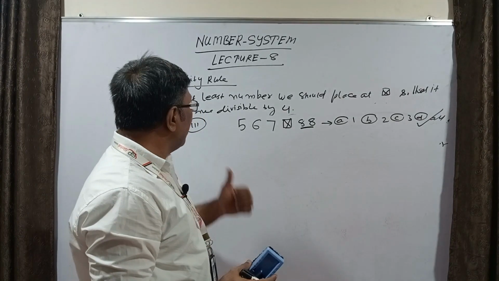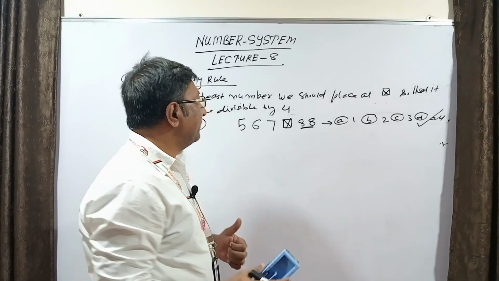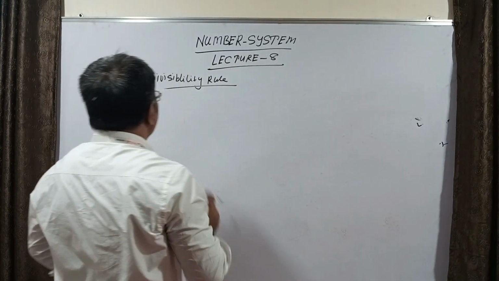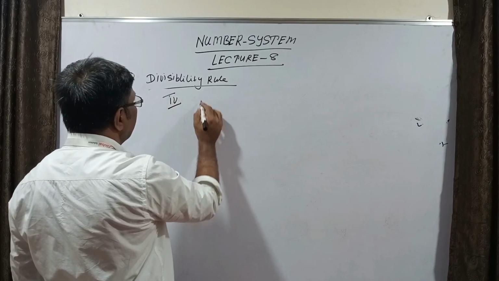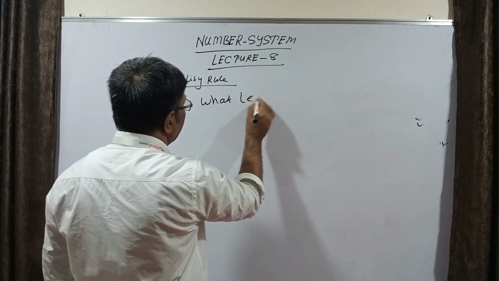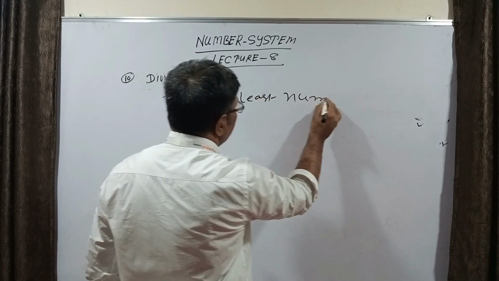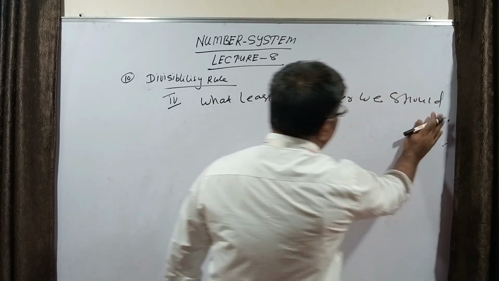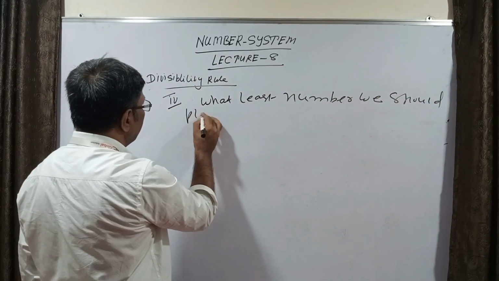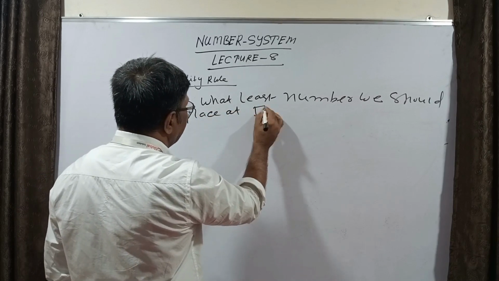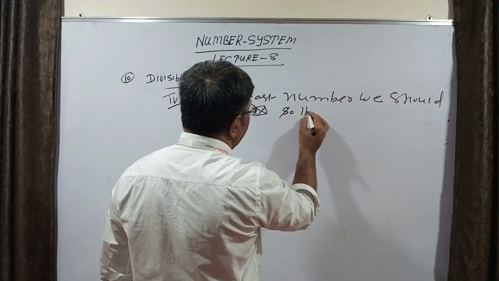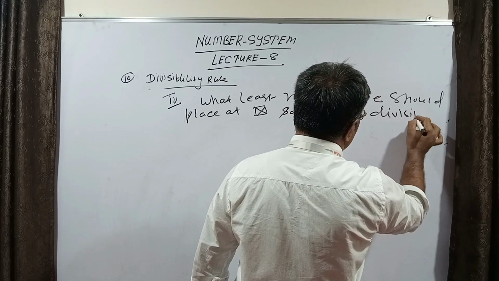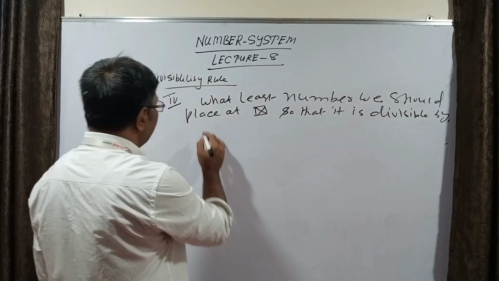Now I am explaining the fourth point, that is divisibility by 5. What least number should we place at the star place so that it is divisible by 5?